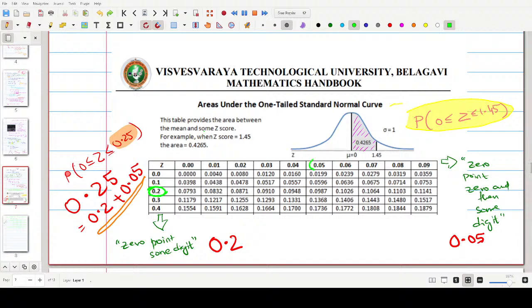I am circling that with green. Correct? Okay. So now we trace back to that particular value whose row is 0.2, right? And whose column is 0.05. So we have reached the destination, right?